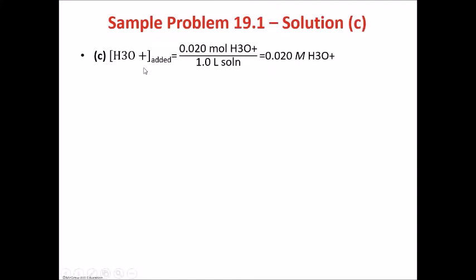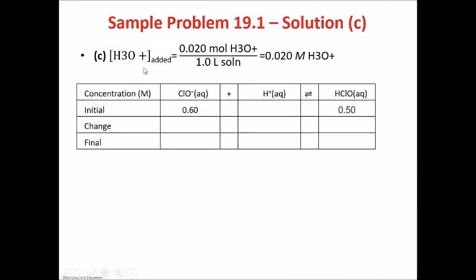So that is the concentration of the hydronium ion added. Then we plug into the reaction table. At initial you have 0.6, this is the buffer solution concentration, 0.6 ClO minus conjugate base and 0.5 molar HClO. So the reaction is between the conjugate base and the hydronium ion added. I write here H plus, actually this is H3O plus, same.